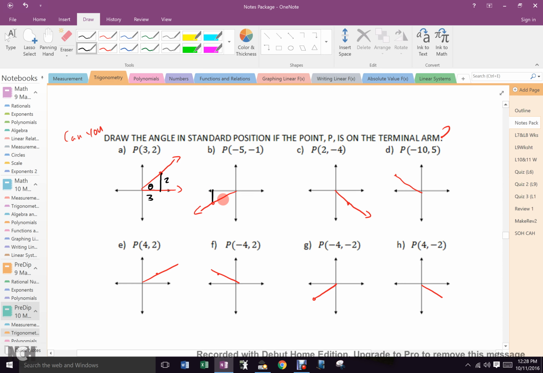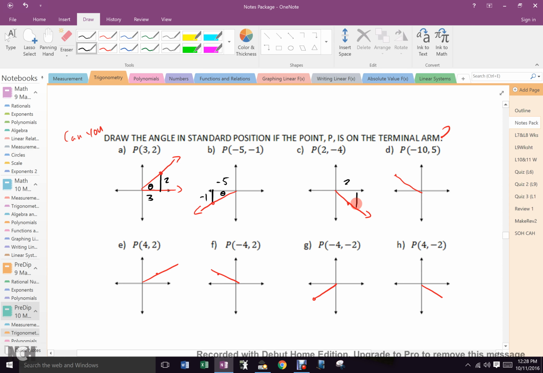Now, drop this to the x-axis, making what angle? It makes the reference angle, doesn't it? So the reference angle becomes theta. How far is this? -5. How far is this? -1. What about this one? Make the reference angle. How far is this? 2.